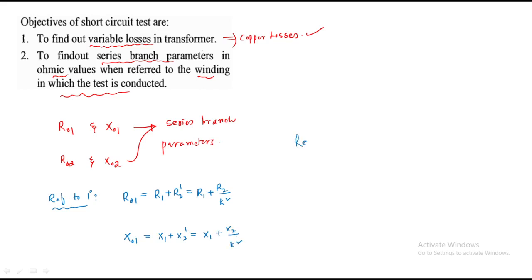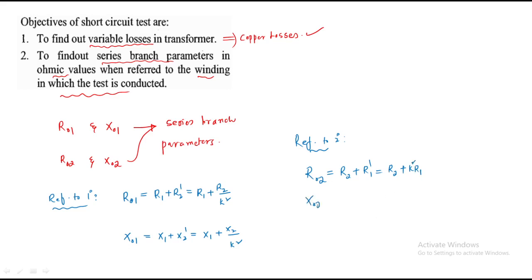Similarly, if referred to secondary, R02 is equal to R2 plus R1 dash, which is equal to R2 plus K square into R1.